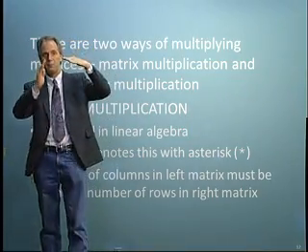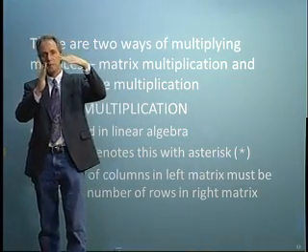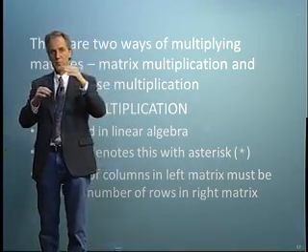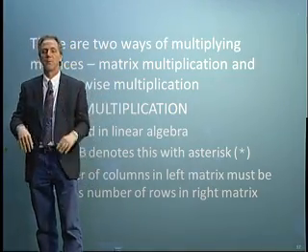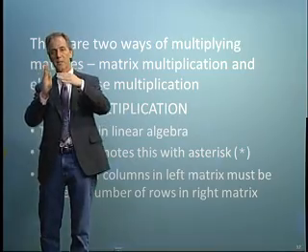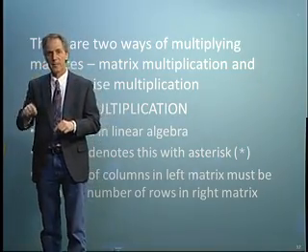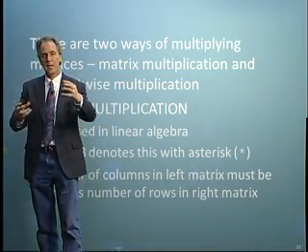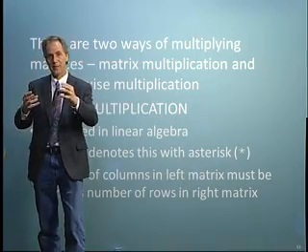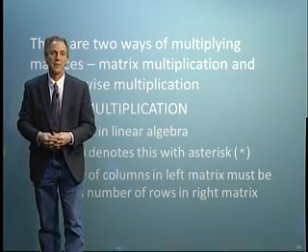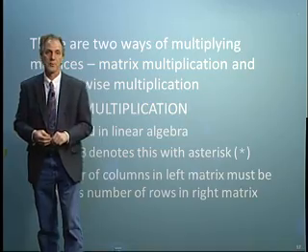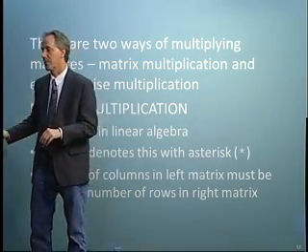It's row times column, kind of like a dot product. The elements of the row of the first get multiplied by the elements of the column in the second. Item by item, they multiply out, and then those individual multiplications are added up to create a single number in the result of the multiplication.